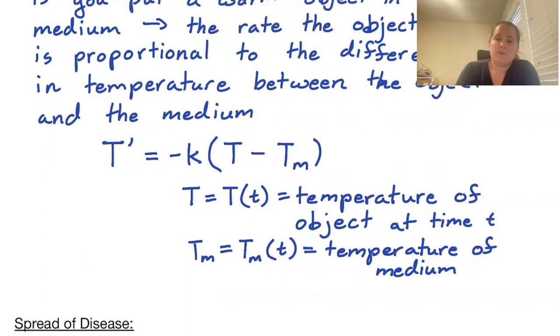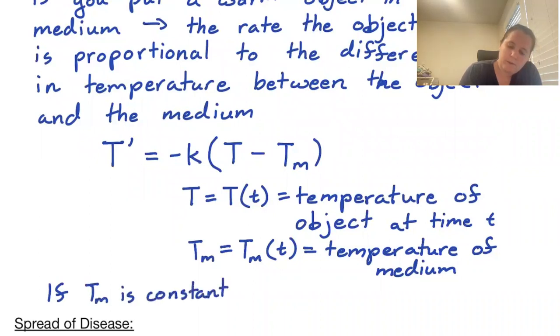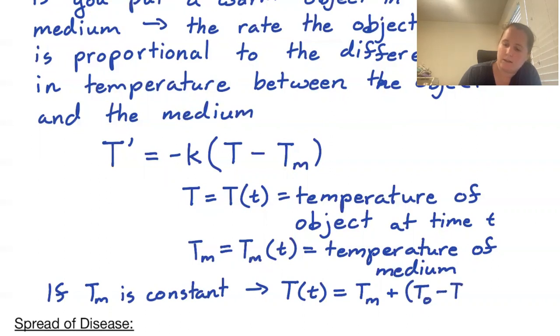So if the temperature of the medium is constant, we wind up getting that T of t is equal to the temperature of the medium plus the initial temperature of the object minus the temperature of the medium, times e to the negative kt.